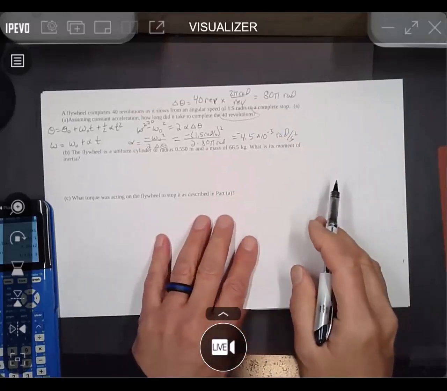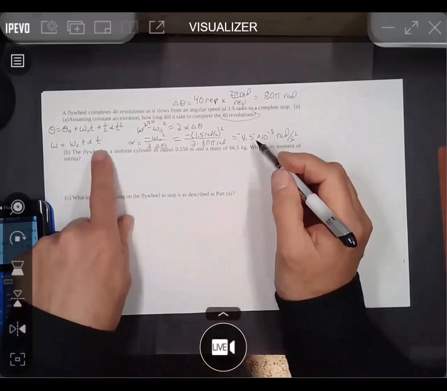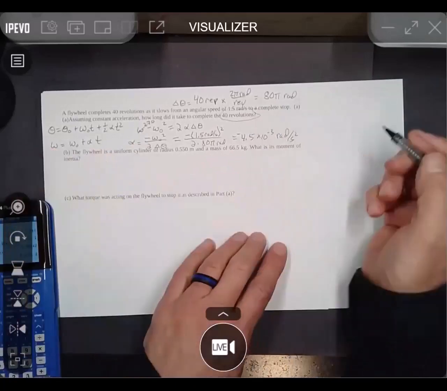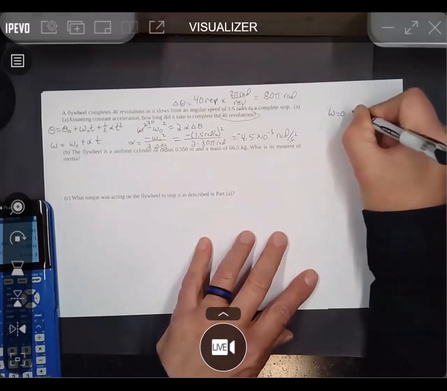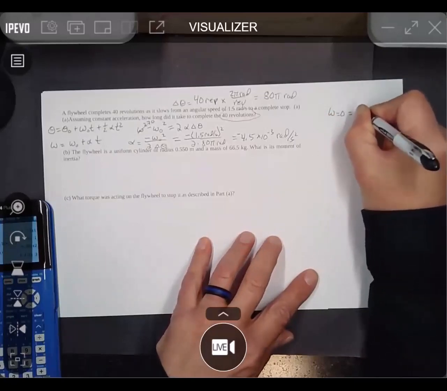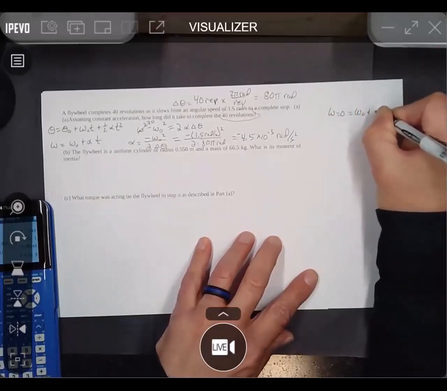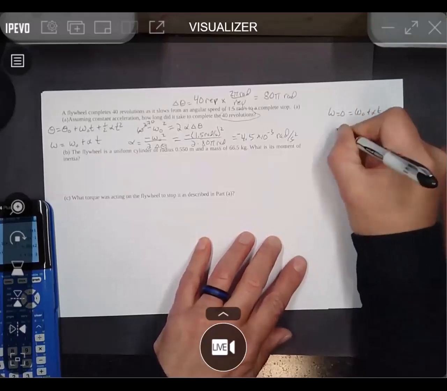Now to figure out how long that took, I'll use this equation. Omega equals 0 at the end, which is equal to omega naught plus alpha t.